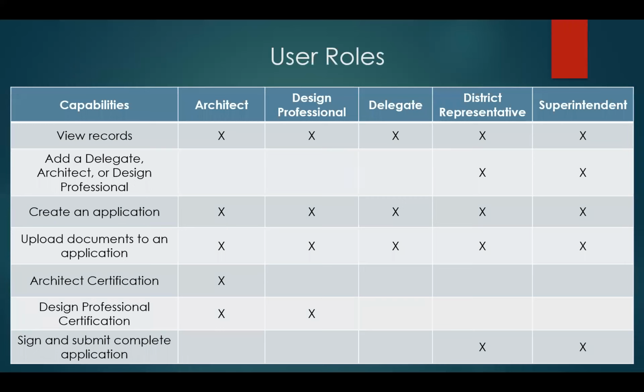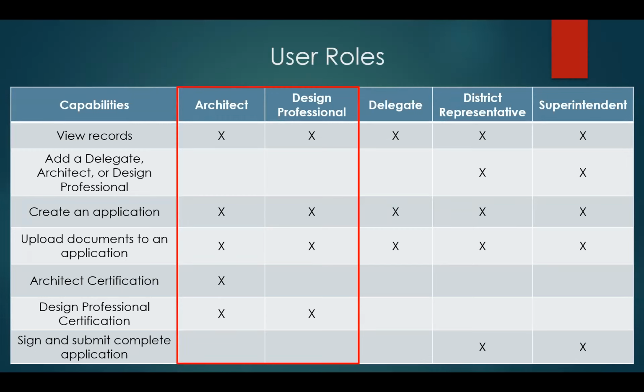So I put the user roles and their permissions in a chart here to make it easier to understand each user's capabilities. First, we have the architect and licensed design professionals who can view records, but they cannot add a delegate, architect, or other design professional for the district. They can create applications and upload documents to an application, but the difference between these two roles is that the architect can certify to the architect section, which contains the portion about the DSA approved plans and specifications, but the design professional can't.